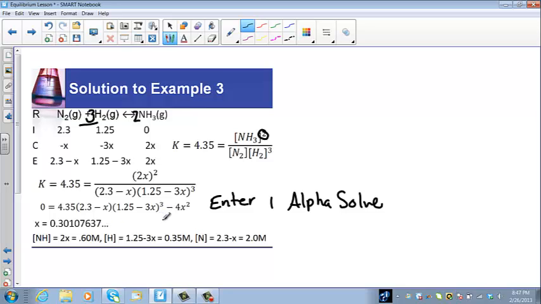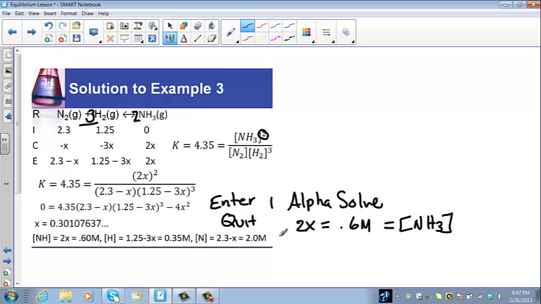Now we can hit quit. Once we see what x is, we jot it down. Then we can type in 2x, and it's going to tell us 0.6 molar, which is equal to the concentration of NH3.